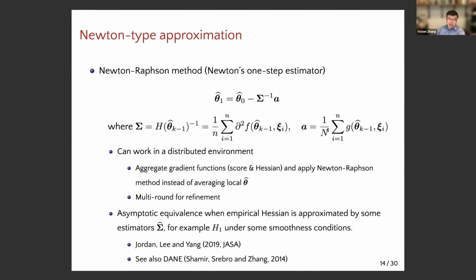the empirical risk minimizer. Also, existing literature has proved that there is some asymptotic equivalence when we replace this empirical Hessian estimator by the empirical Hessian on the first machine. This is by the paper from Michael Jordan, Jason Lee, and Yun Yang, and it shares the same spirit as DANE in 2014.